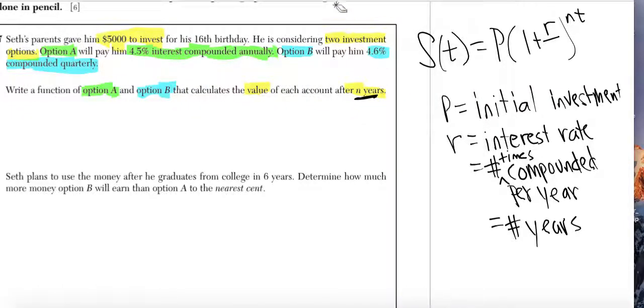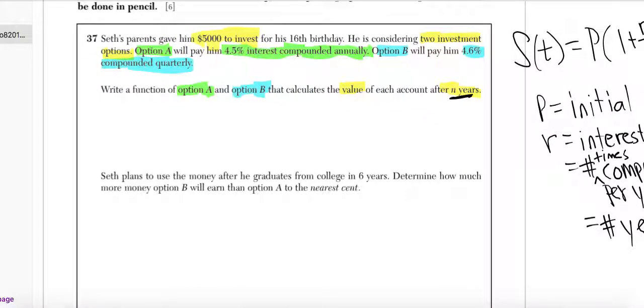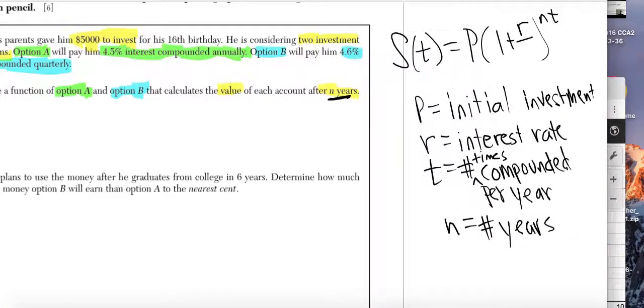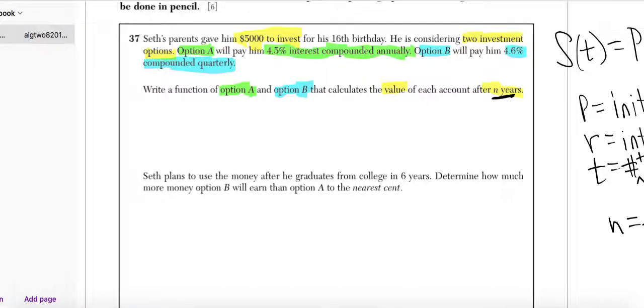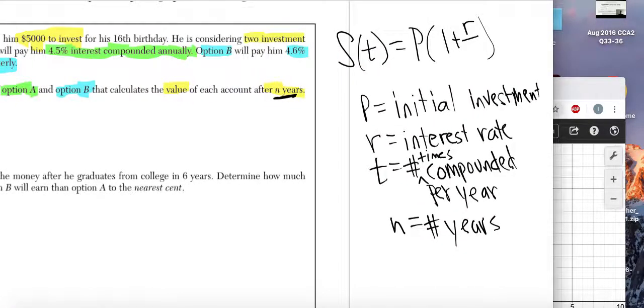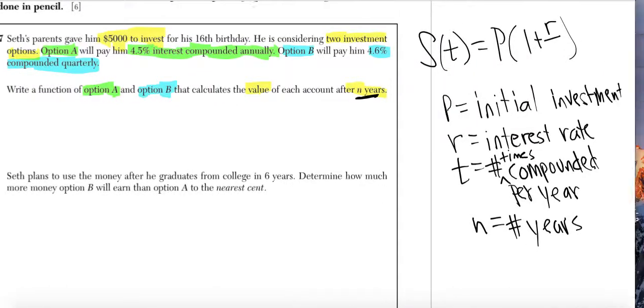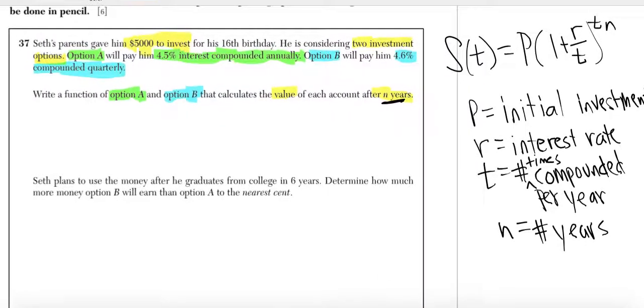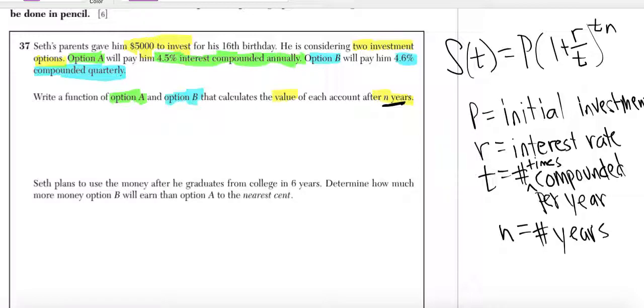So I'm going to reverse the T. So T will be the number of compounds per year, and N will be the number of years, simply because they said to do that. Then the formula will change to T over here, because that's the number of compounds per year, to the Tn. Same thing, okay? So let's use that to our advantage so we can now write the formula.